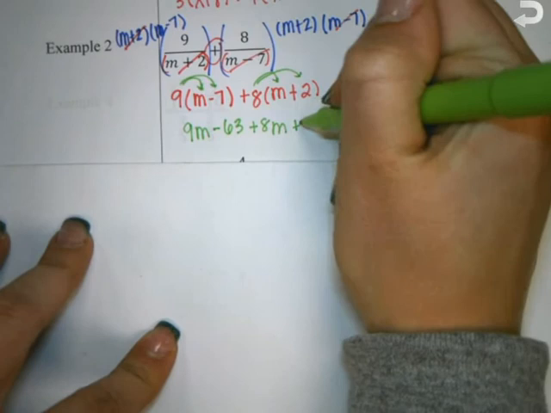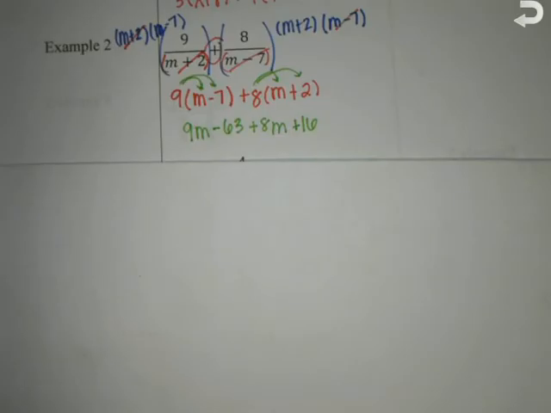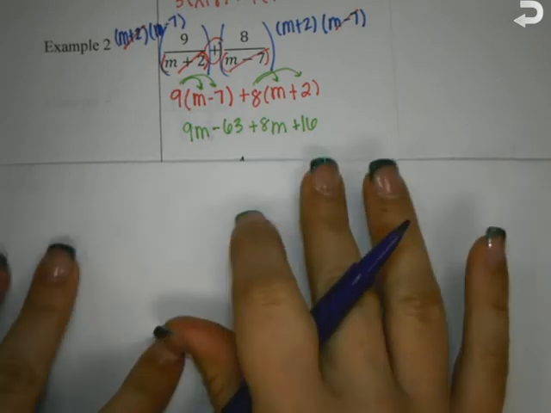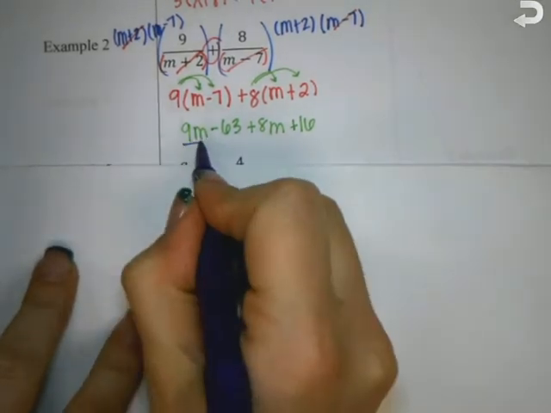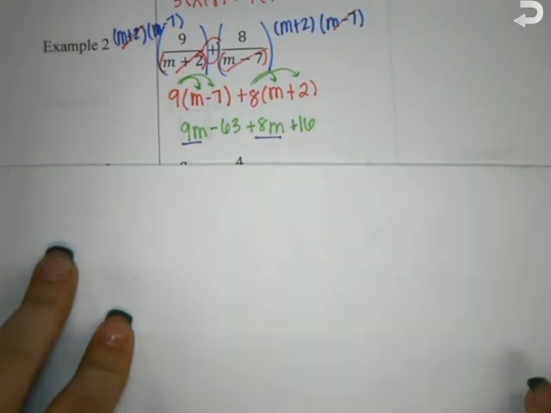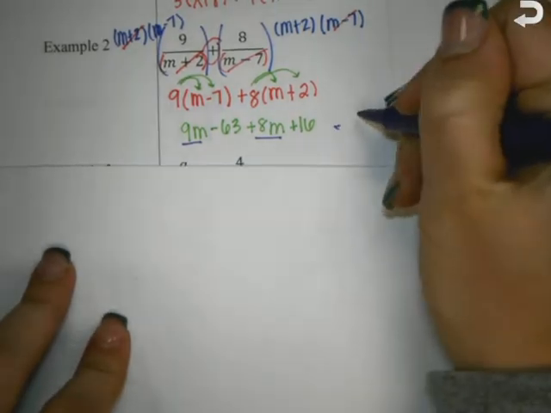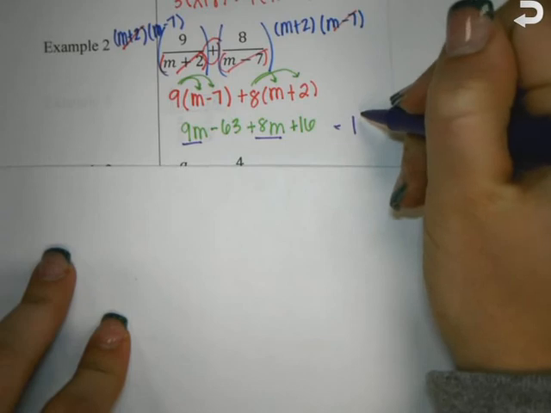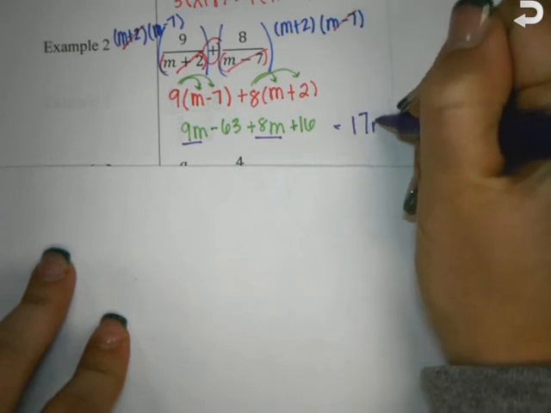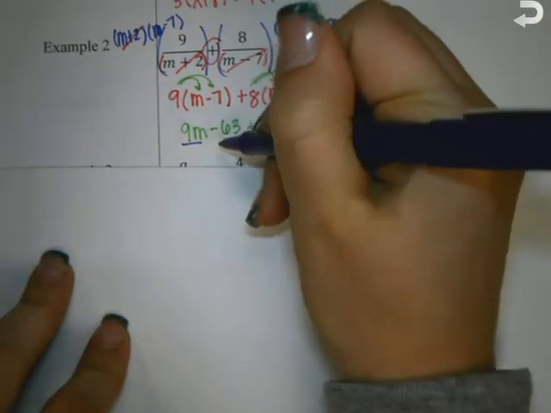So far so good? Okay. Very good. And then we combine the like terms. So we have 9m plus 8m. What does that give me? 17m. Negative 63 plus 16 minus 47.